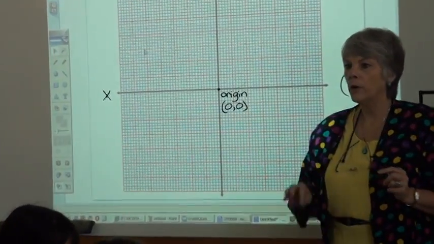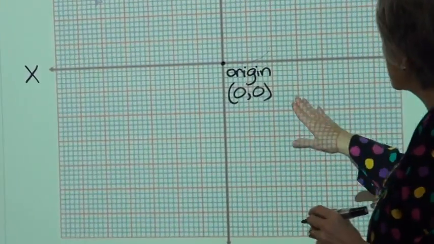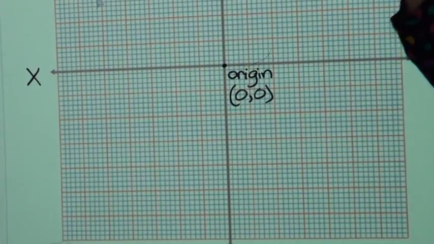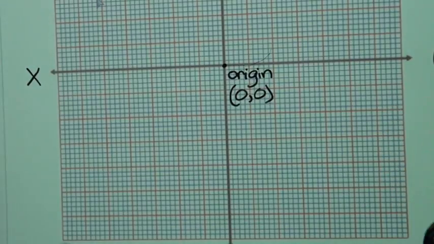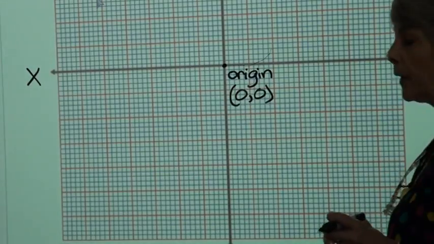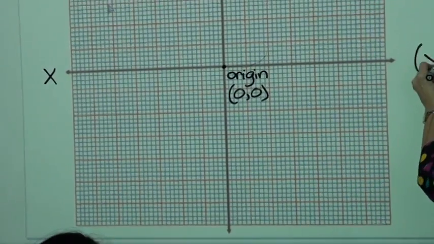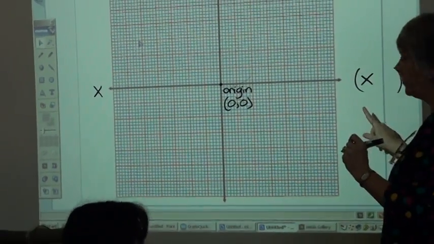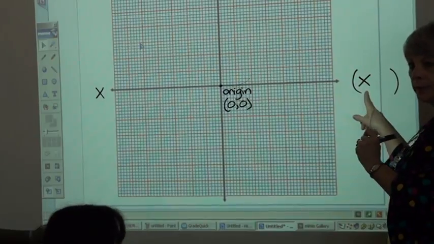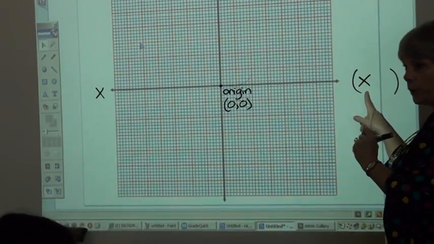Ordered pair means that that's going to tell you what the horizontal direction and the vertical direction is of the points that we're going to plot. Now, let's make some sense out of that.